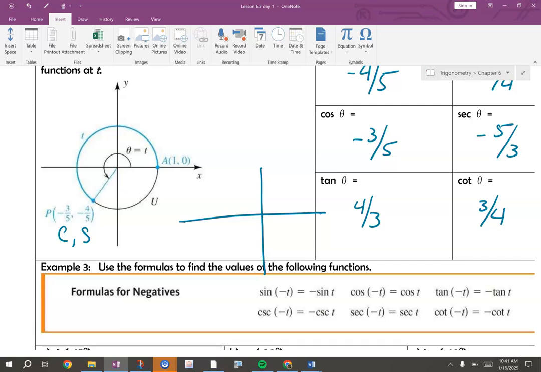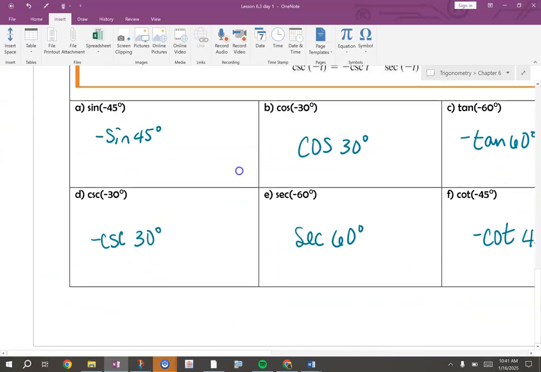It means you go in the other direction, right? So if we were originally in quadrant 1, if we have a negative angle, that puts us in quadrant 4. Which one is positive in quadrant 4? The cosine. So do you guys see why then cosine stays positive? The other two stay negative.